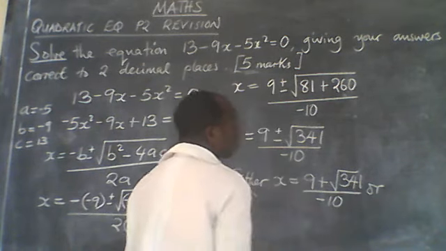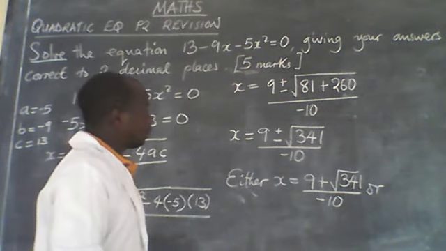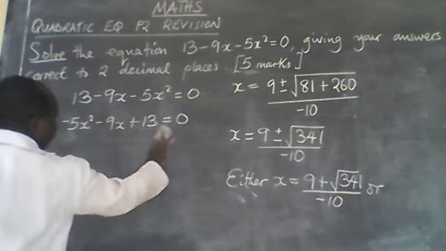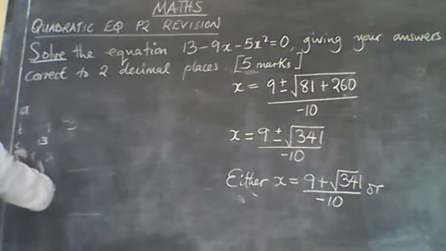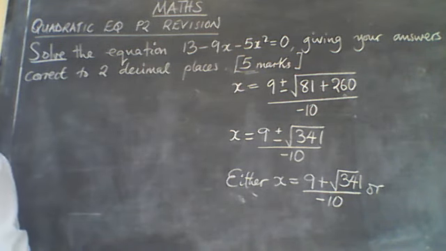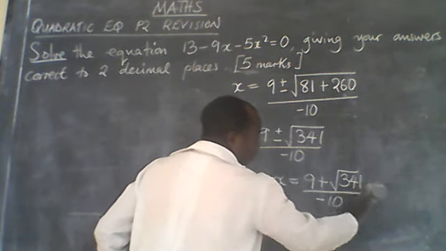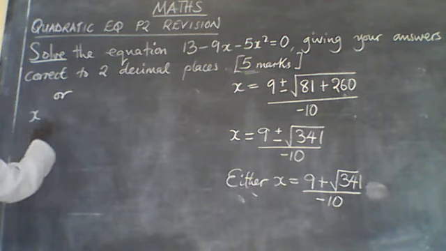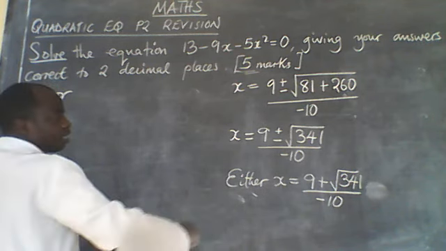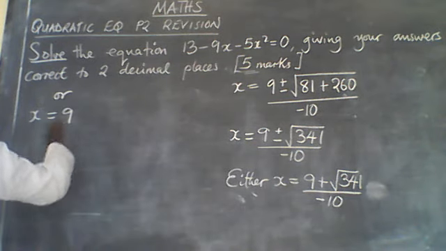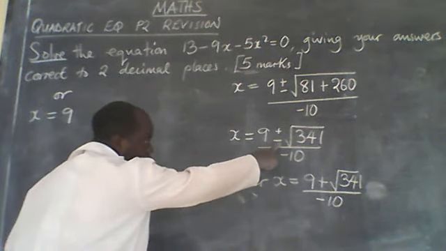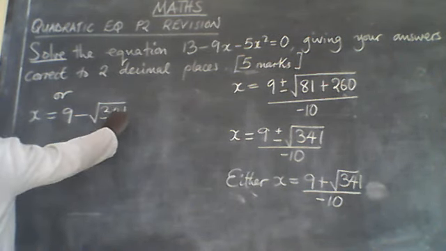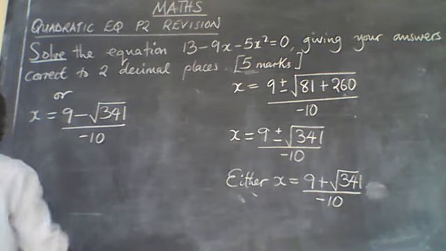Or the other one will now be x is equal to 9, this time around you get this minus sign here, minus root 341 over negative 10.